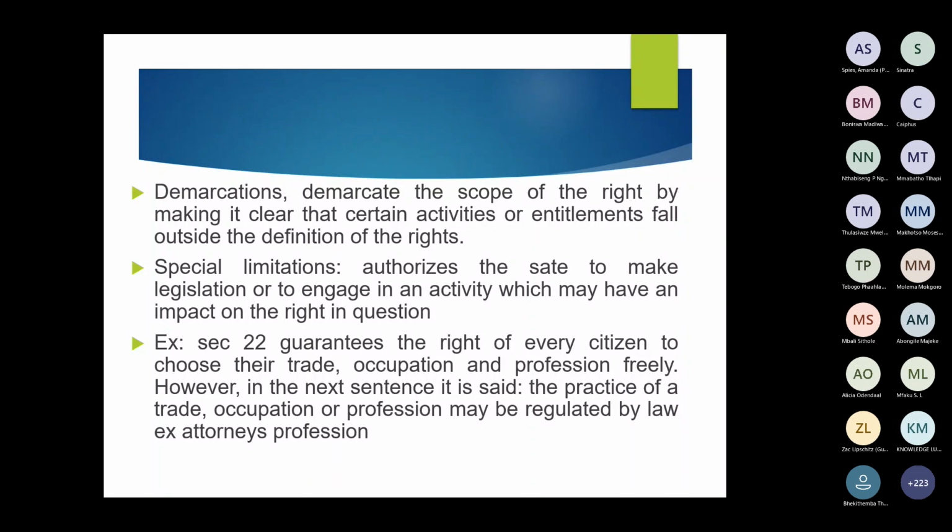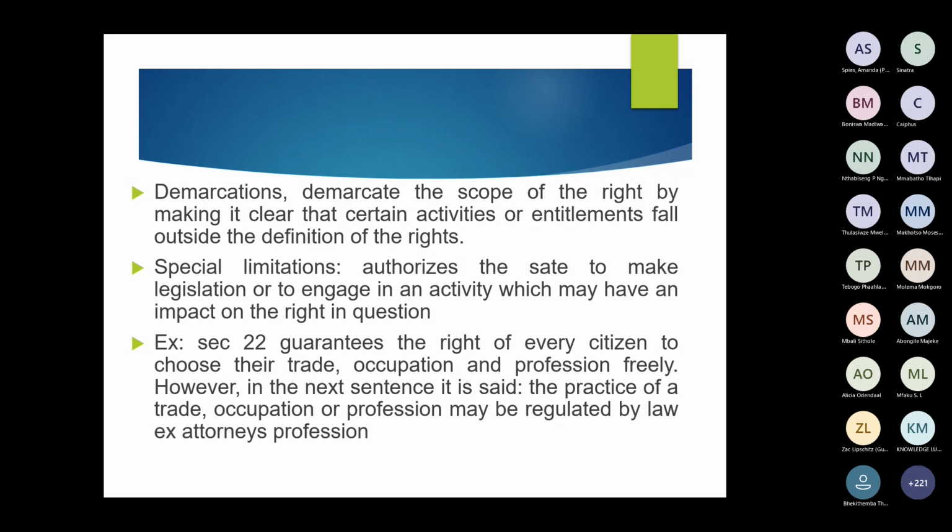So, for example, Section 22 guarantees the right of every citizen to choose their trade, occupation, and profession freely. However, in the next sentence, it is said the practice of a trade, occupation, or profession may be regulated by law. If you think about, for example, the attorney's profession, there are certain things that an attorney can and cannot do. So that right is already limited through applicable and relevant legislation.